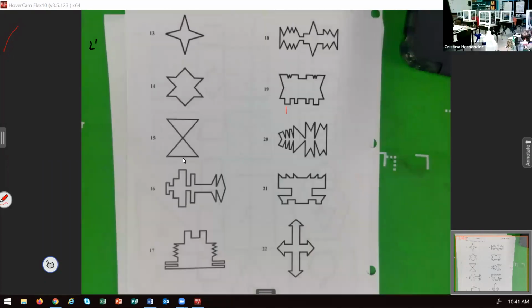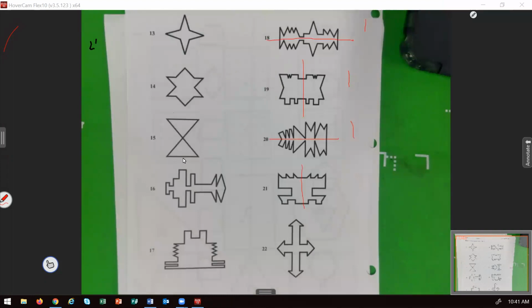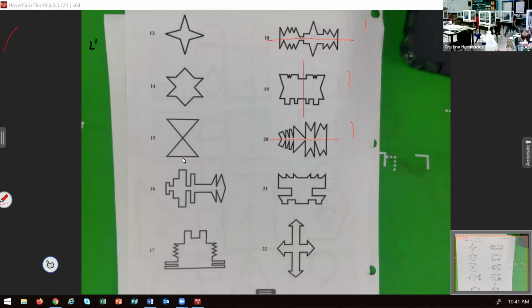Did I go use the restroom? Is it already finished 21 and 22? Yes. Make sure I can see. I just did 21. Yeah, 21 is like 19, so it's vertically.